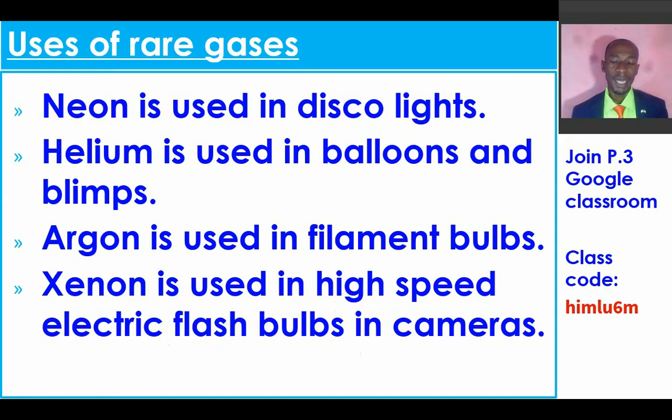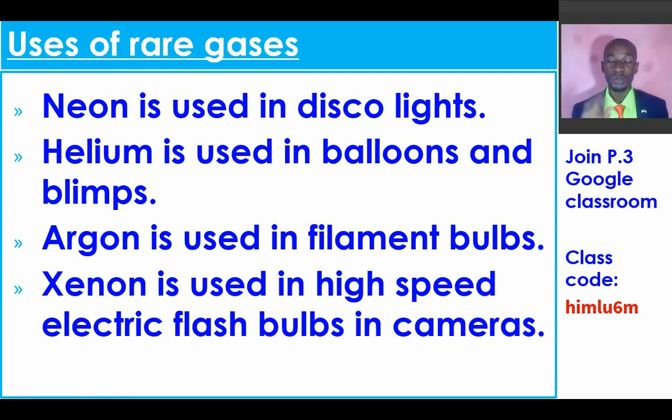So, my dear learners, what are you discovering? When it comes to rare gases, everywhere we are talking about bulbs or lights. Are we together? So the point is, you may not be too specific like I have been, but once you are asked to mention some of the uses of rare gases, just say they are used in disco lights, in balloons and blimps, in filament bulbs, and in high-speed electric flash bulbs in cameras.